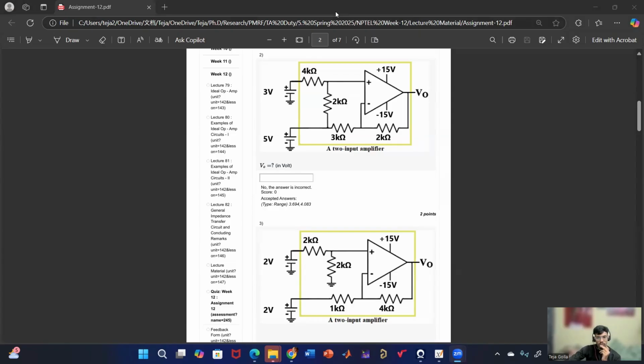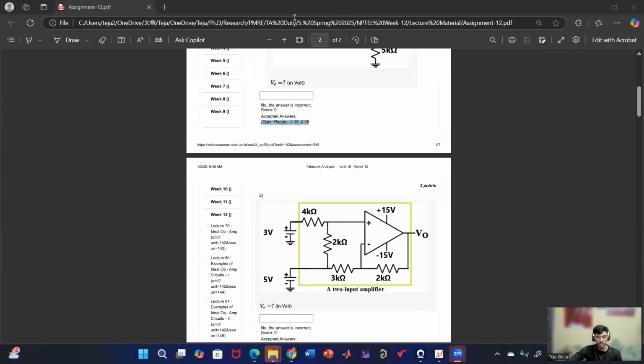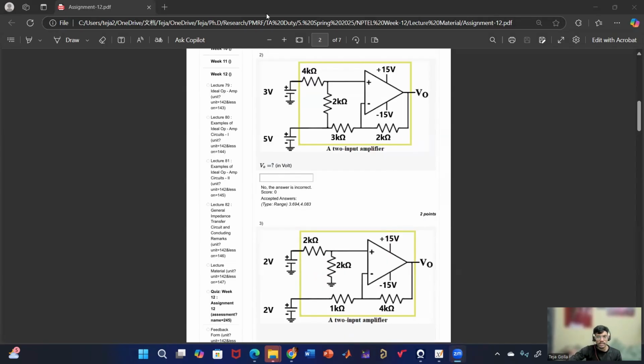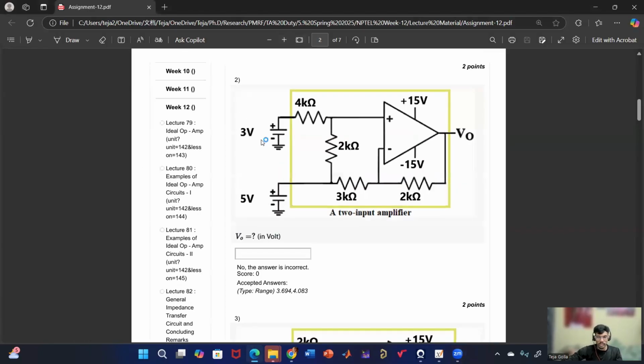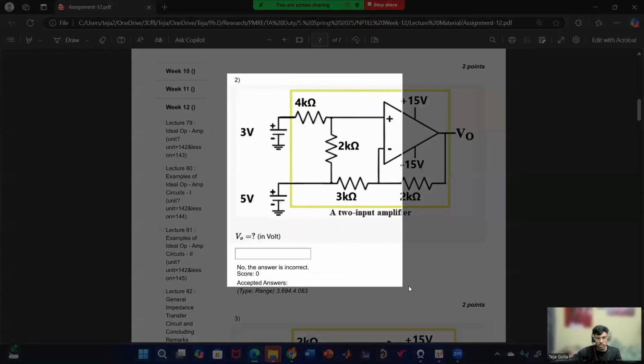Which question do you want to solve? 2 or 3 or no vote? Nandini says 2. So then I think we'll have to go with 2. Okay, what about others? There are 2 more people not interested in voting. Okay, let us solve question number 2.